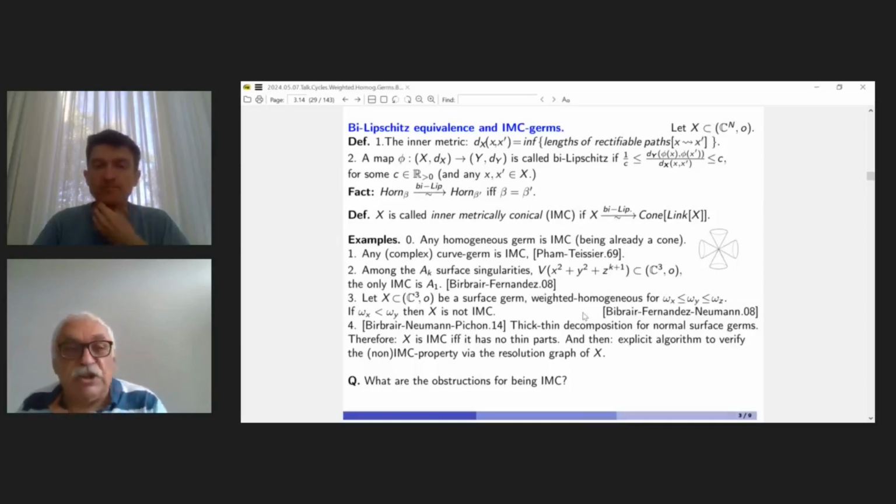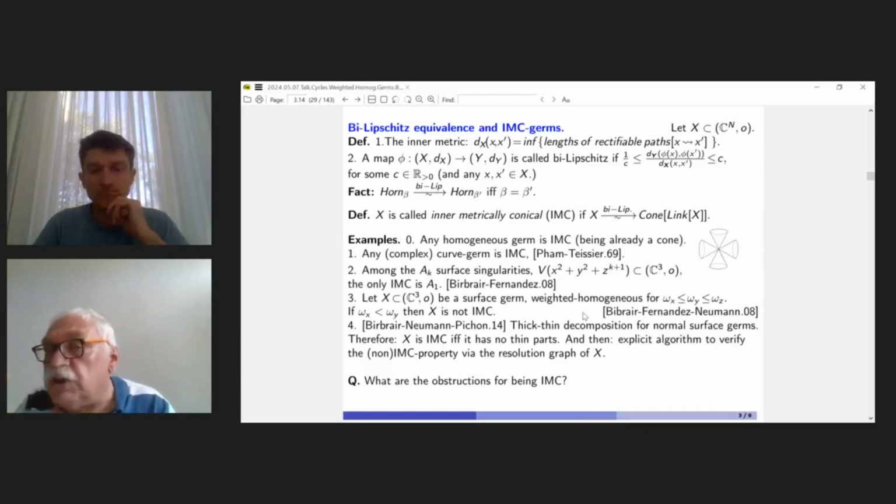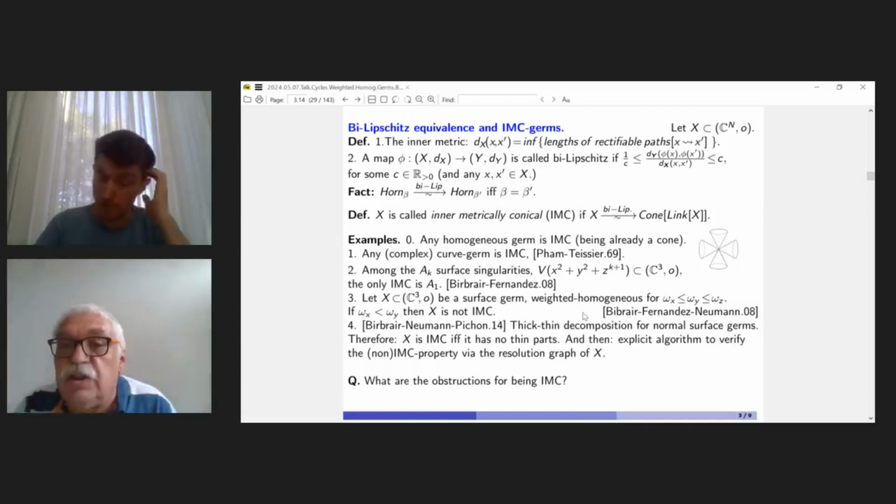But then there is a point. It gives you the topological conical structure, but it doesn't bring you any metrically conical structure. This was our observation with Alexandre: even if you go just a little bit more difficult than homogeneous, then you already have this obstruction.